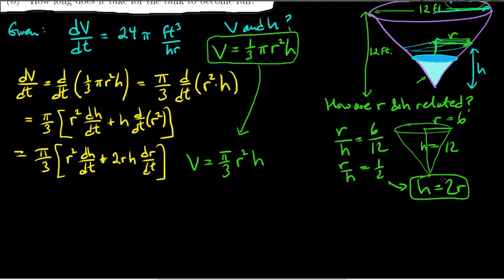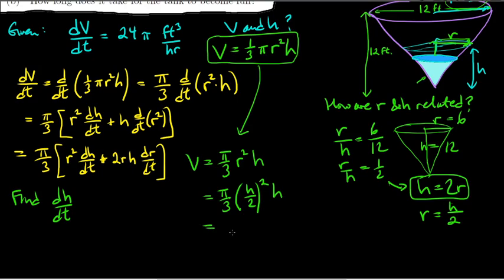But what do we know? We're looking for the rate of change of h. So the question is to find how fast the water level is rising. So the derivative of h. So we want this in terms of h, not r. So r then would be h divided by 2. So this will be pi over 3 times h divided by 2 squared times another h.